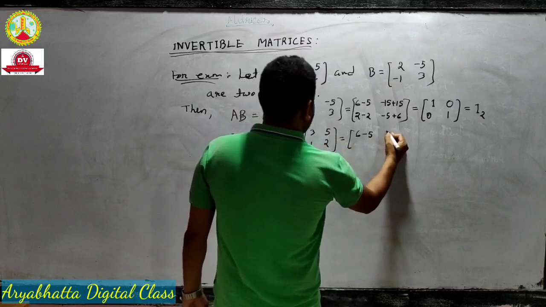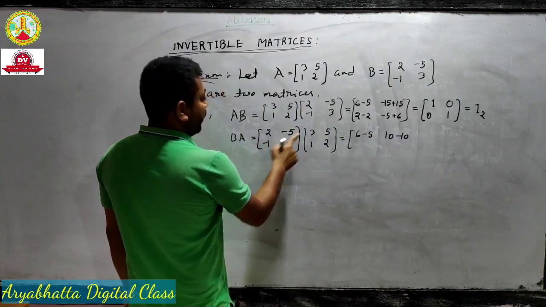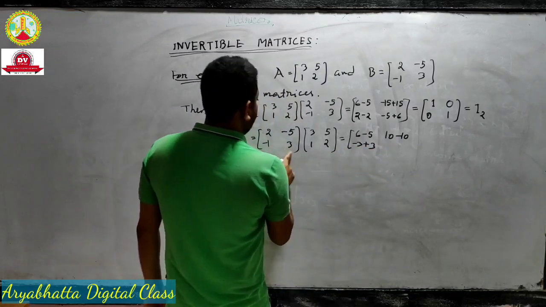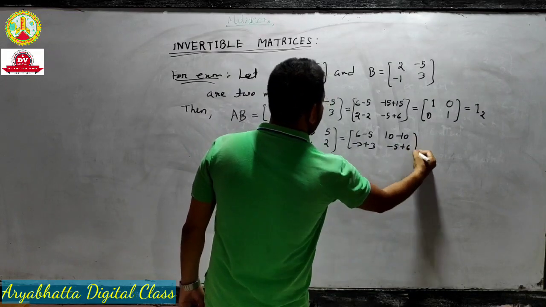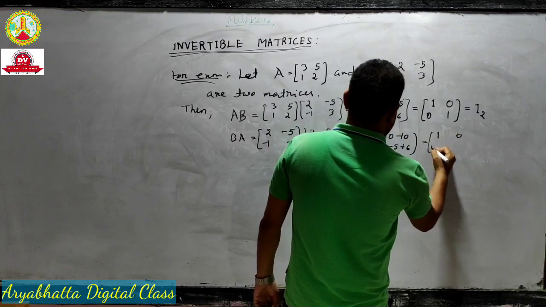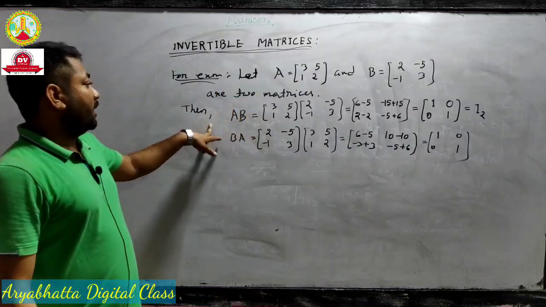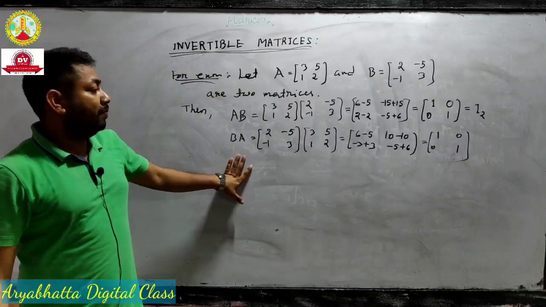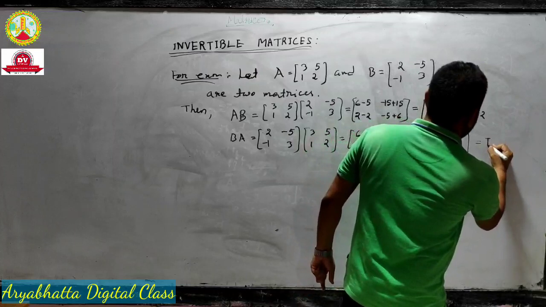Next, 2 into 5 is 10, minus 5 into 2 is minus 10. Next, minus 1 into 3 is minus 3 plus 3, minus 1 into 5 is minus 5 plus 6. This is equal to [1 0; 0 1]. So AB is equal to the identity matrix of order 2 by 2, and BA is also the identity matrix of order 2 by 2.